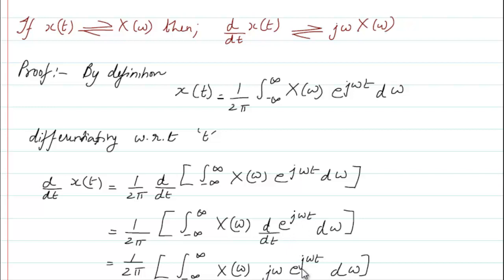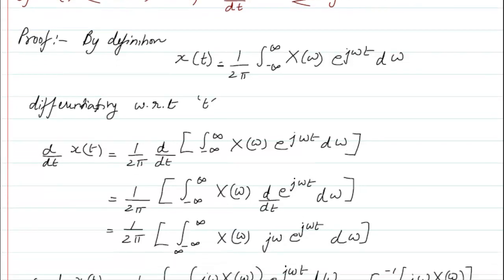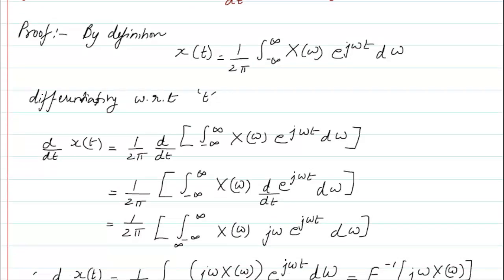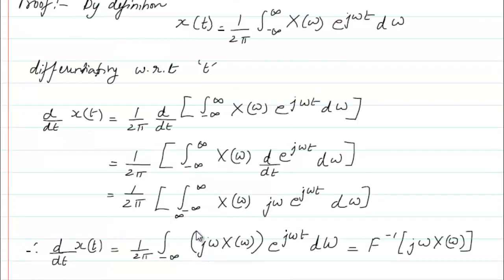So j omega into e raised to power j omega t, out of which if I combine this j omega with X of omega, I will get both of them in one bracket. And what is this equation? This equation is the Fourier inverse transform of the function j omega X of omega. So this is the Fourier inverse of j omega X of omega, which is d by dt of x of t.